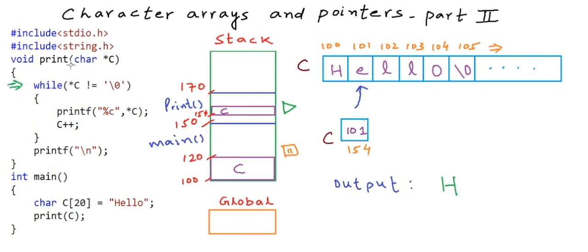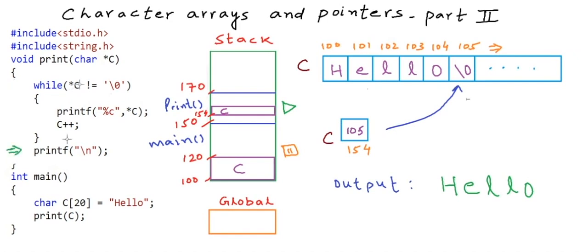And once again we come to verifying this condition in the while loop. Asterisk C is E here, it's not null. Once again we will go inside the loop and print E. And we will keep on going like this till the address in this pointer variable reaches 105. Now here the value at this particular address is null character, so the loop will not execute.